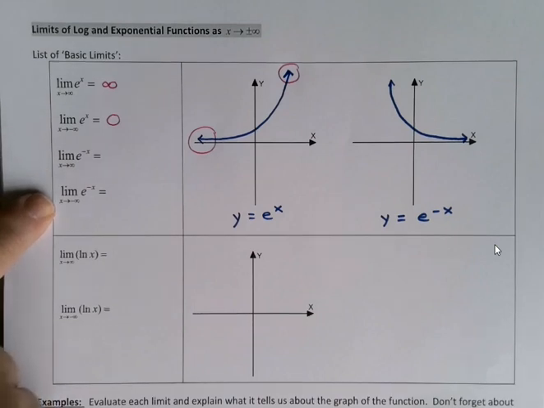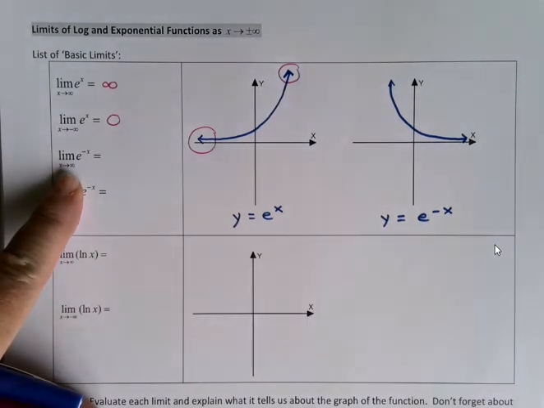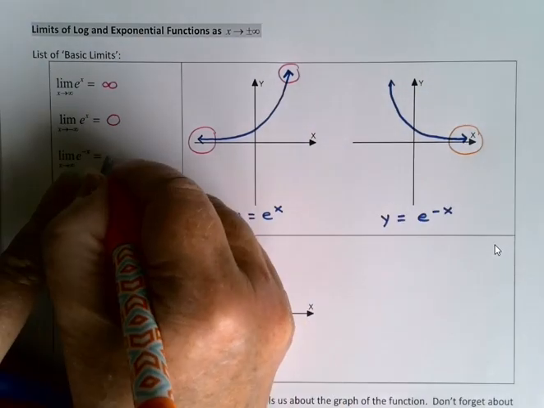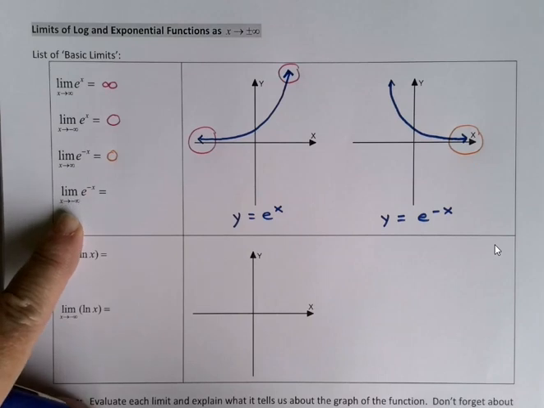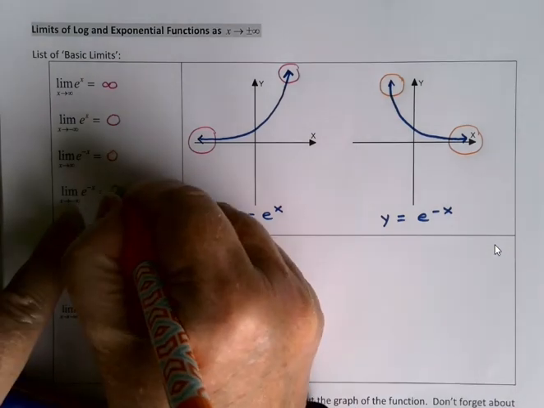These two refer to the e to the minus x. As x goes to infinity, we're approaching the horizontal asymptote, y is 0. And as x goes to negative infinity, the graph's end behavior is going up to positive infinity.